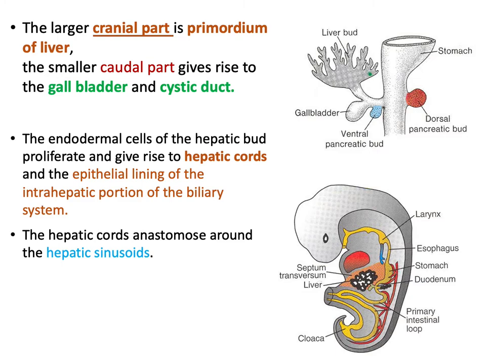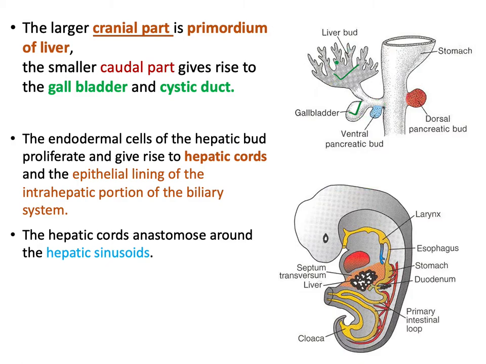The cranial part of the primordium is the largest one, and the caudal one is smaller. The cranial part is the primordium of the liver. This will form the liver, right? And the smaller caudal part will give rise to the gallbladder and cystic duct.